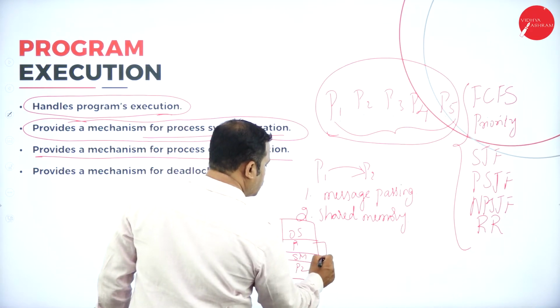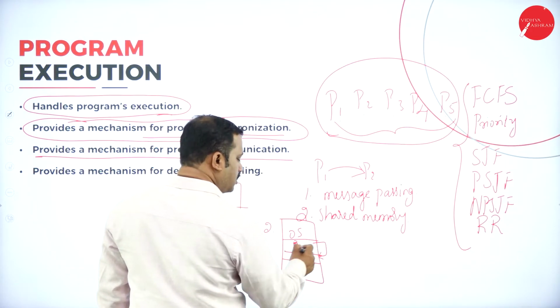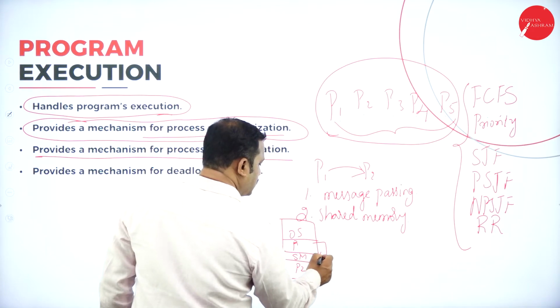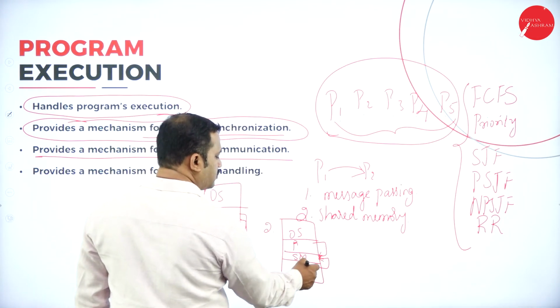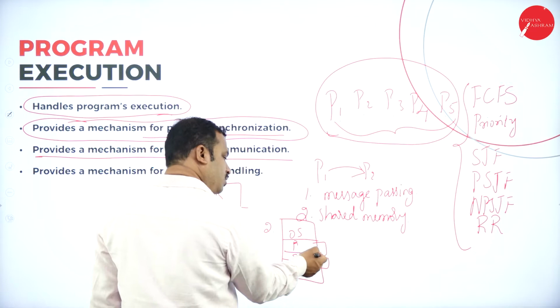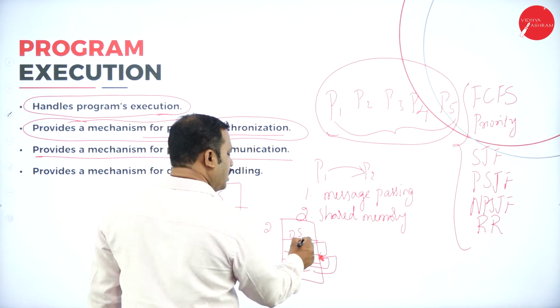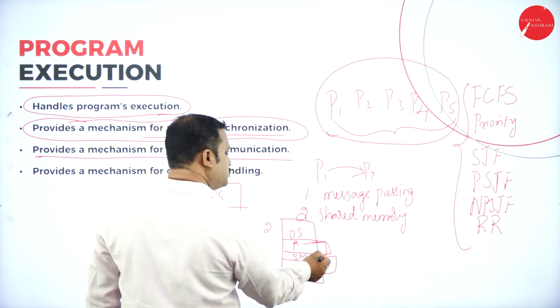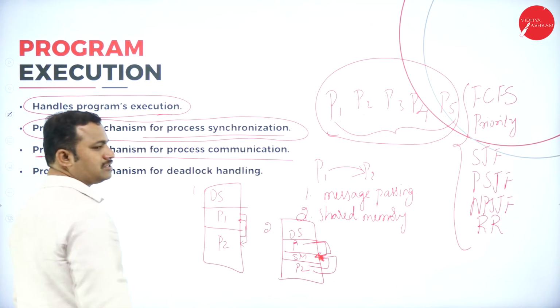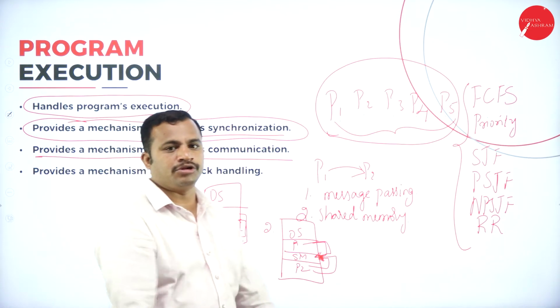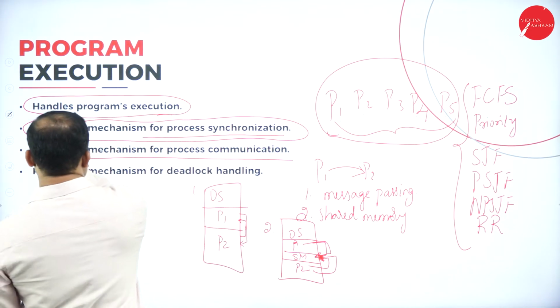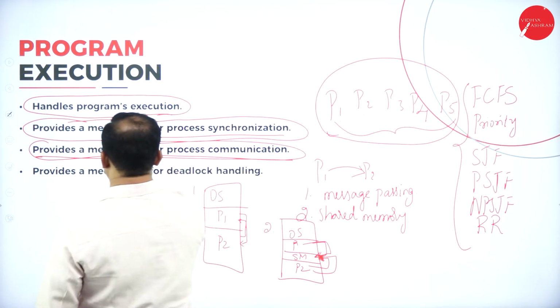P1 writes data into the shared memory region, and P2 fetches the data from there and keeps it with itself. When P2 wants to communicate back, P2 writes the data into the shared memory and P1 reads it from the shared memory region. This is how communication takes place between process P1 and process P2.